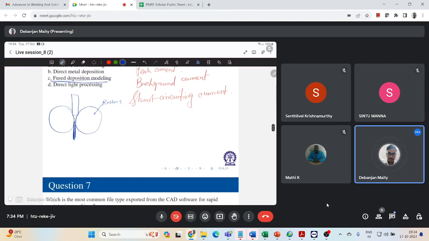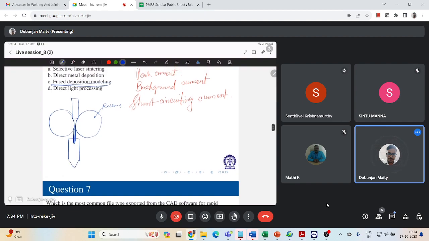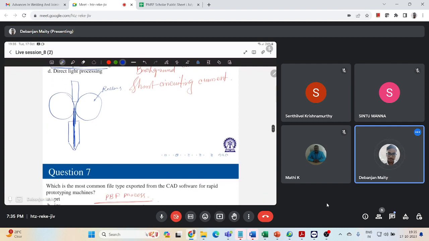Here you are extruding, and here you have a nozzle through which thin plastic bits come out. This is a simple schematic you can think of.